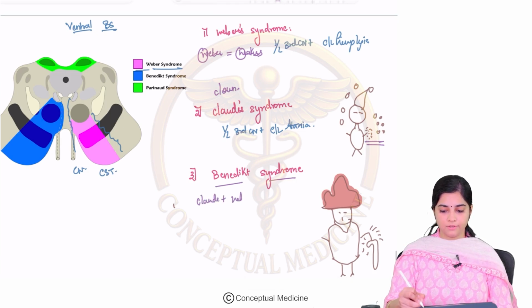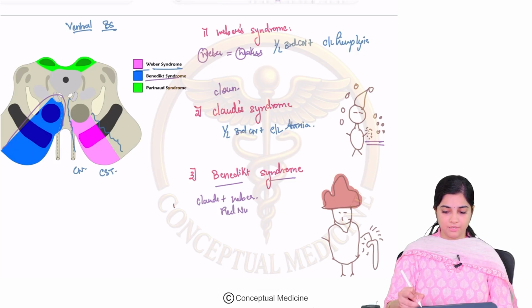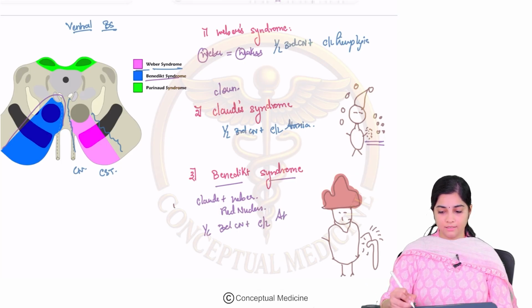It is Claude plus Weber. Can you see it is represented by this blue? It involves the complete red nucleus as well. What are the features? You have ipsilateral third cranial nerve palsy with contralateral ataxia, tremors and weakness.